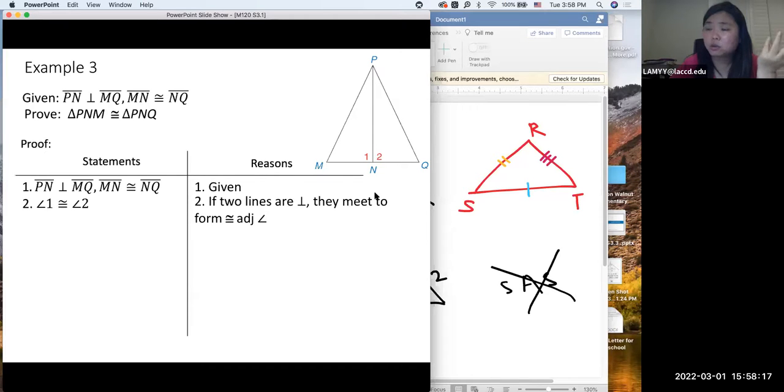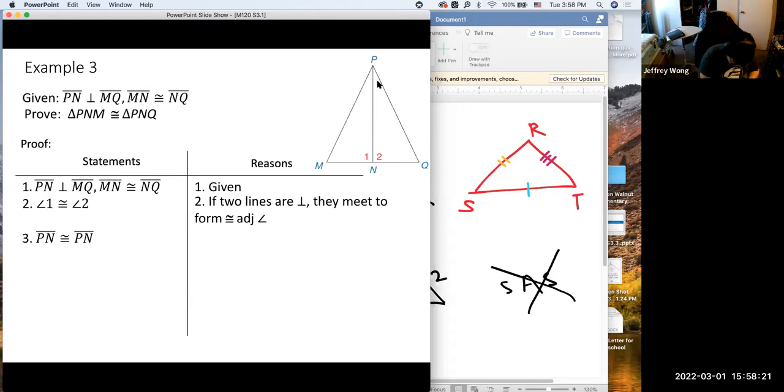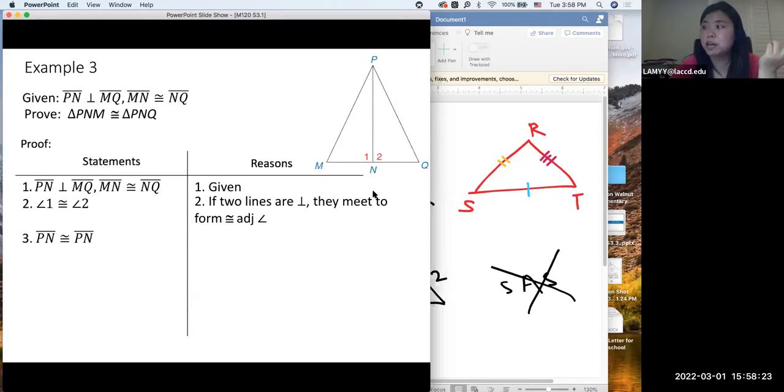Yes, because they are exactly the same line here. So I'm going to say PN is congruent to PN. The reason can be identity or reflexive. Either way, you could use identity or reflexive, because it is an identical line here. So you have S, A, S.